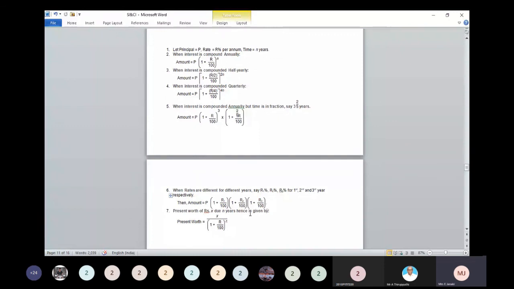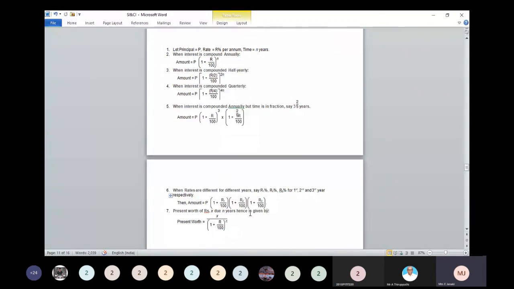And quarterly means P into 1 plus the rate of interest R by 4 divided by 100 whole power, quarterly means 4 times in a year, so 4 into n. Compounded quarterly means 4n.